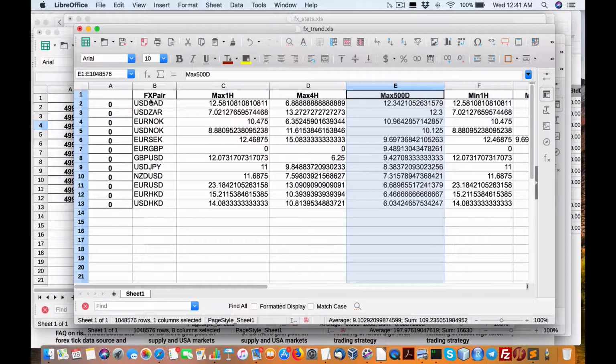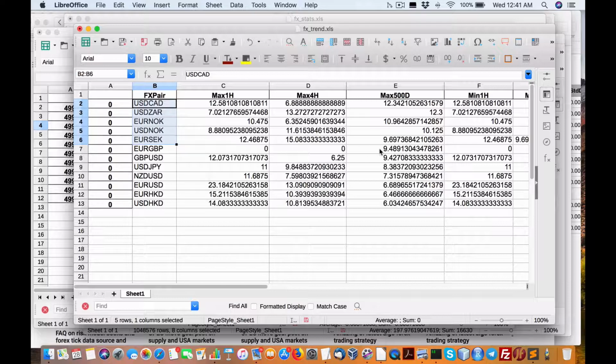Here we can see the ranking: Canadian, U.S. Canadian, U.S. South Africa, Euro Nokia, USD, Euro Norwegian kroner, and USD Norwegian kroner. And if you want the Euro Swedish krona. So let's say the top 5 pairs, I can feed that into some kind of money management system.